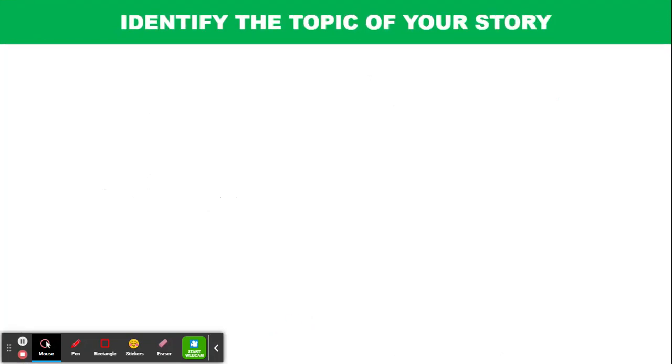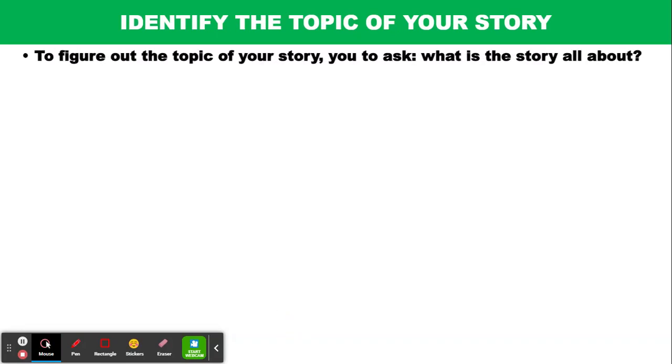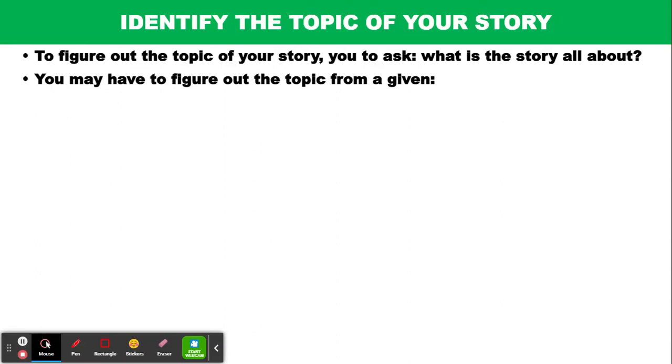Now, that brings us to the first step you must take: identify the topic of your story. To figure out the topic of your story, you need to ask, what is the story all about? You may have to figure out the topic from a given quote, a saying, or an expression.